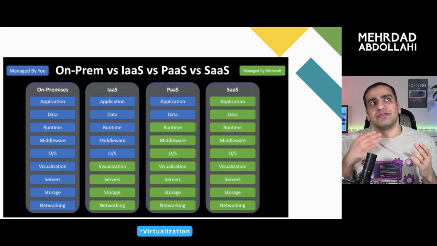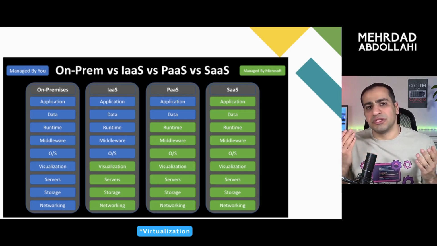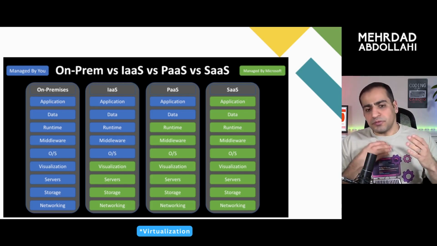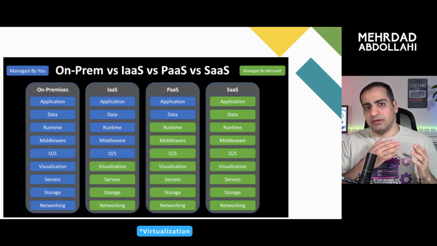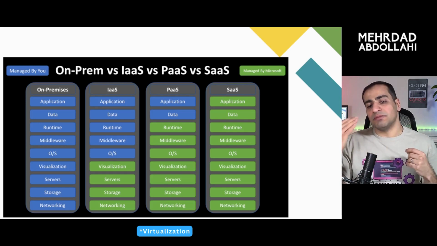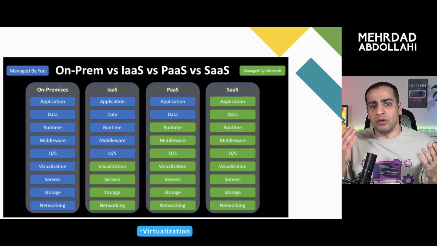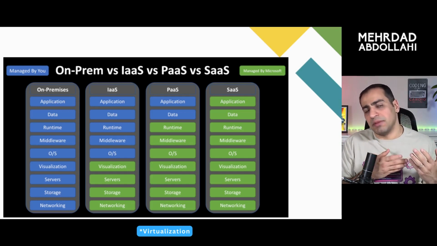For infrastructure as a service, we can mention the virtual machines that we have in the cloud. For platform as a service, whatever we had in the previous one is applicable, plus OS, middleware, and runtime are also managed by the cloud. All you need to take care of is the data and application.